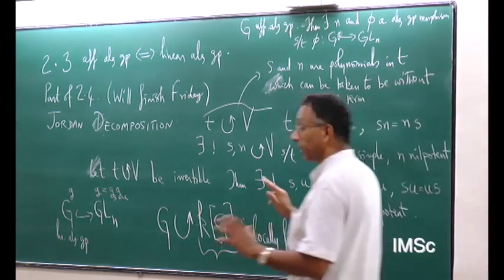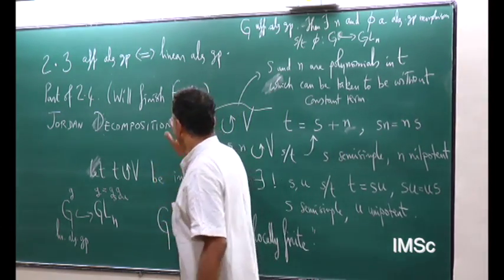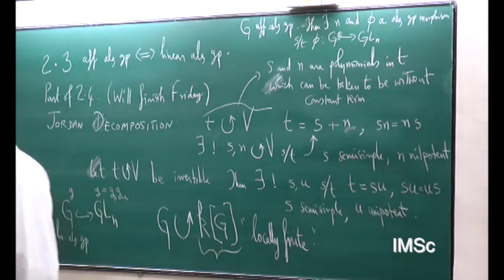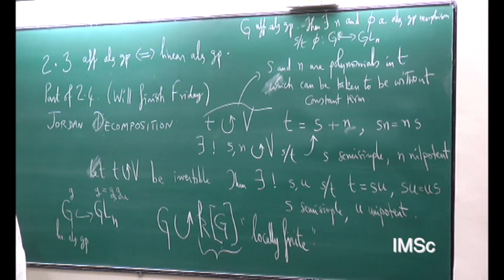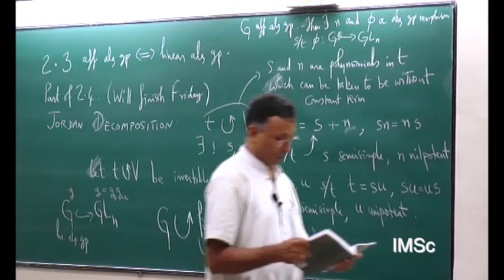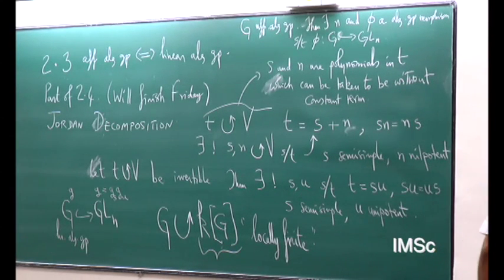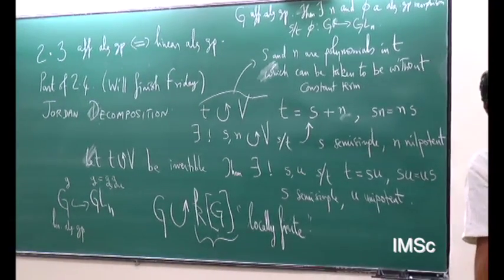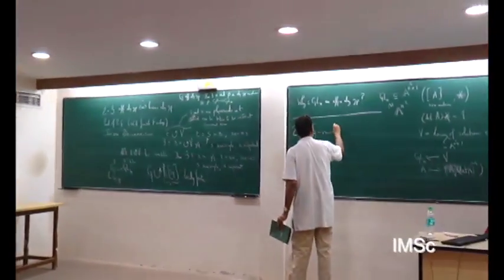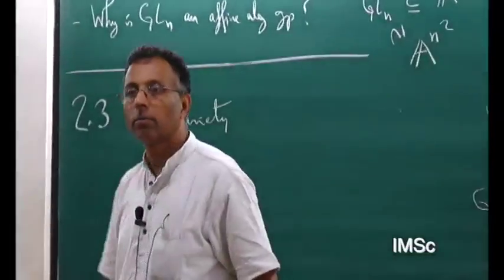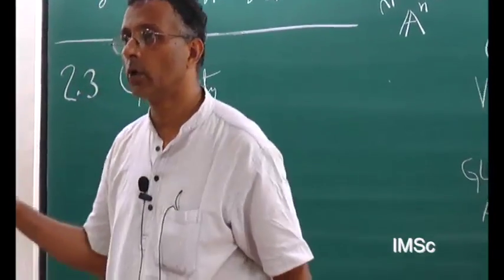So, is this clear? Okay. So now let's do it more formally. So we are doing 2.3. A G-variety we have defined, right? I am not going to write this down.